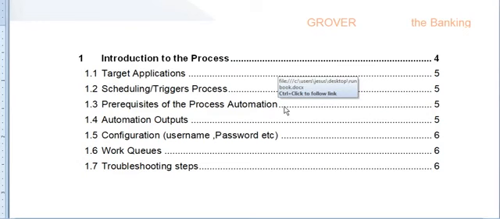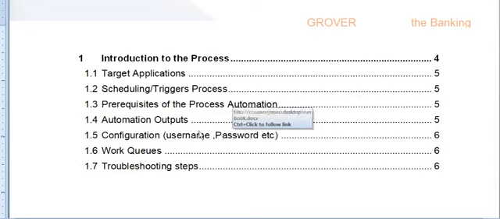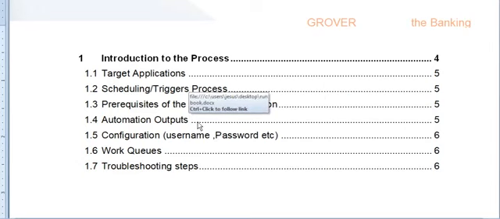You have to configure your user ID and password into your Blue Prism application, and if it is some SSN number or account number, whatever, you have to configure it, and user alert. So these are the prerequisites you have to mention in your prerequisite section.